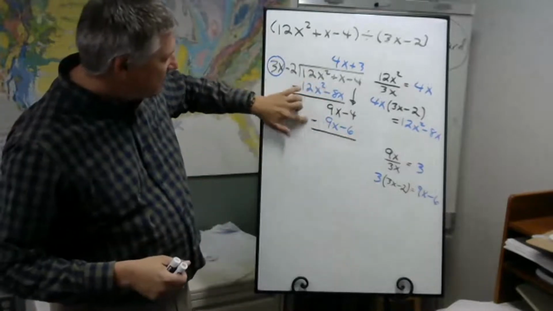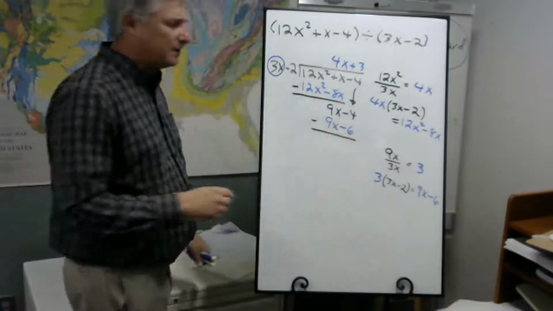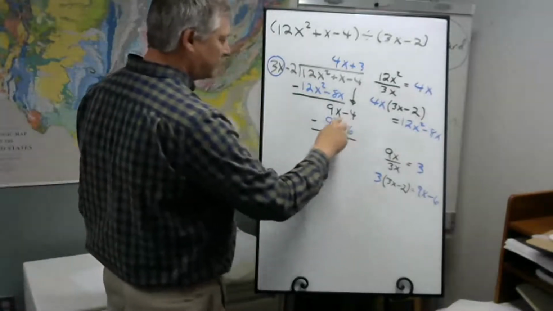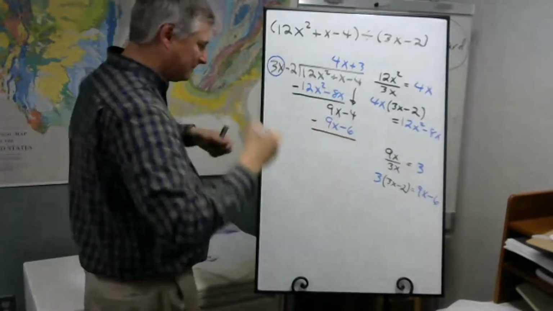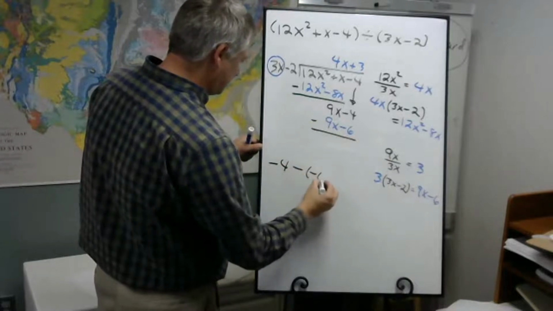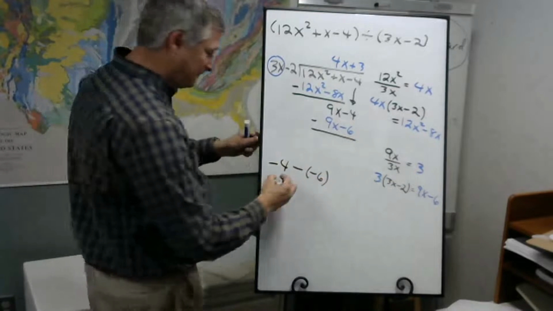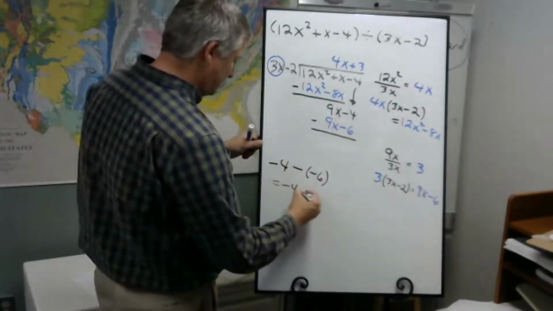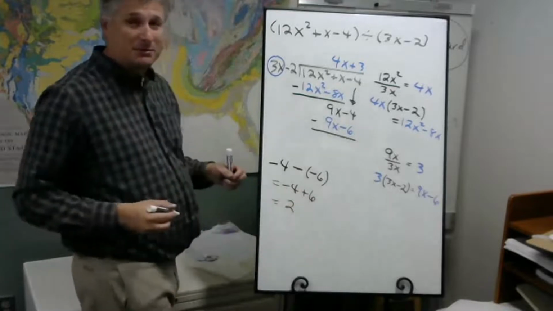So 9x minus 9x, okay, that's going to zero out. But take a look at this. Negative 4 subtract minus 6. Well, double negative becomes a positive. So that comes out 2.